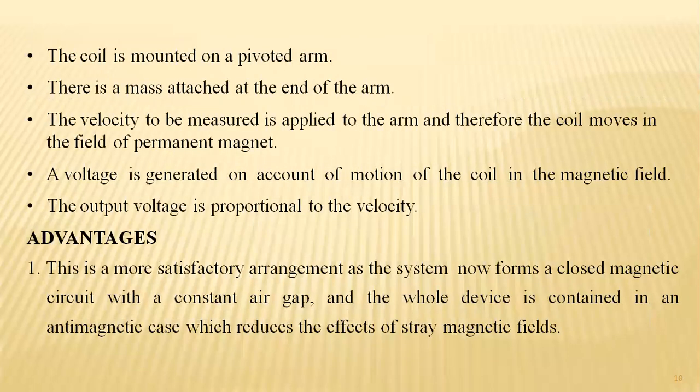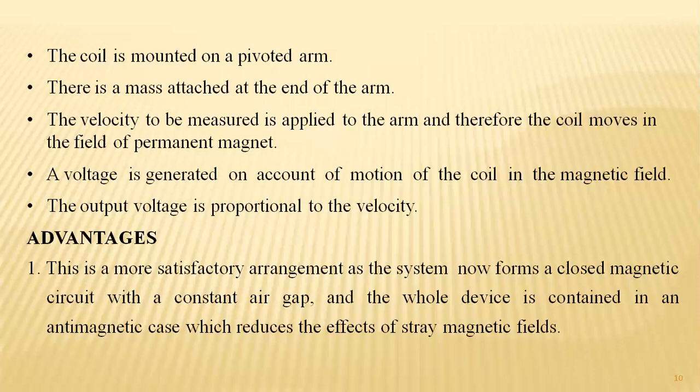Here, the coil is pivoted at one end with respect to the arm, and the velocity is measured by applying the arm. In between the permanent magnets, deflections will be indicated on the scale, or as the output voltage, which is directly proportional to the velocity.